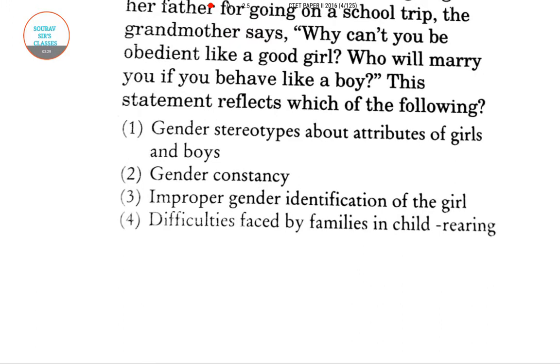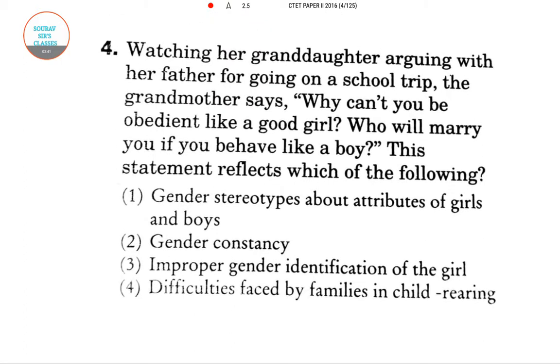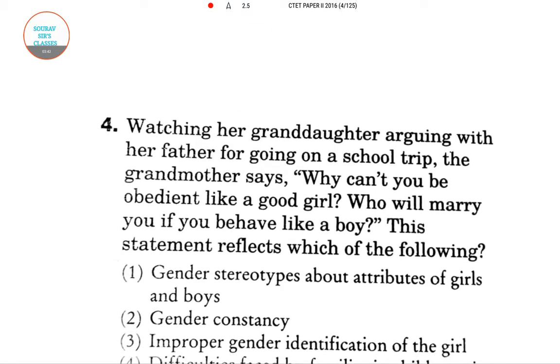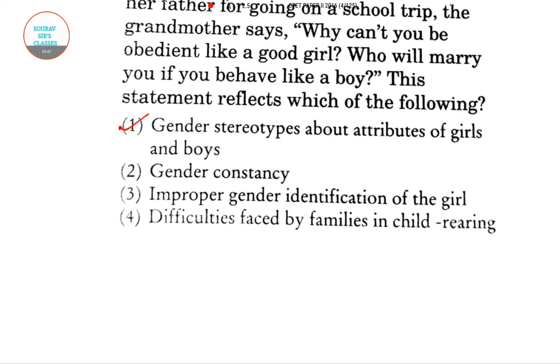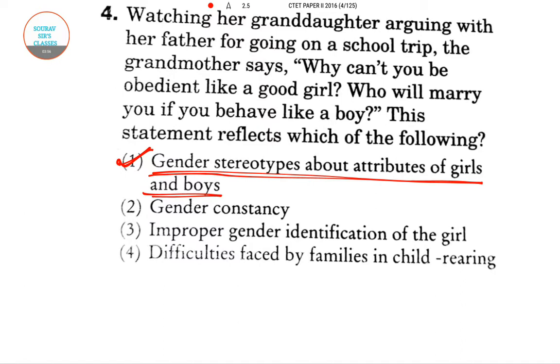Option 1, the statement shows the gender stereotypes of the grandmother and father about the attributes of girls and boys. So basically it's a case of gender inequality. Option 1 is the correct answer.